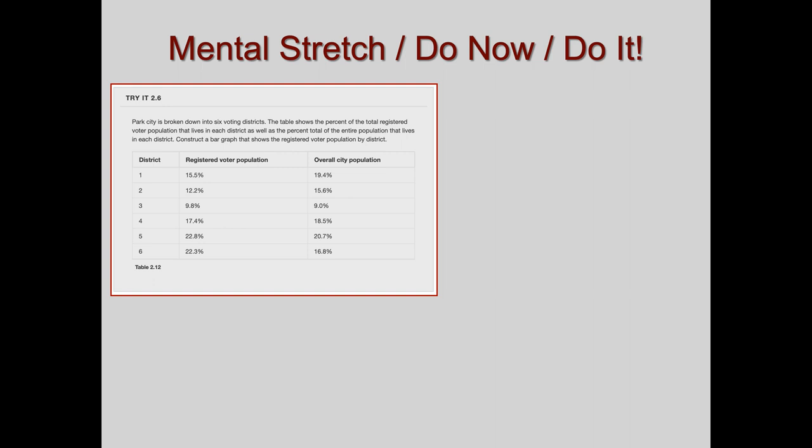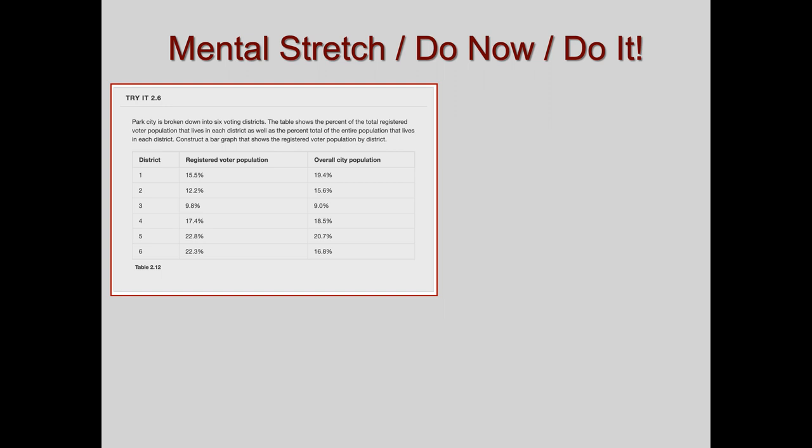All right. So now we have a mental stretch question for you to work on. A little bit of a do it now problem. This kind of summarizes everything we've been working on. It says here that Park City is broken down into 6 voting districts. The table below shows the percent of the total registered voter population that lives in each district, as well as the percent total of the entire population that lives in each district.